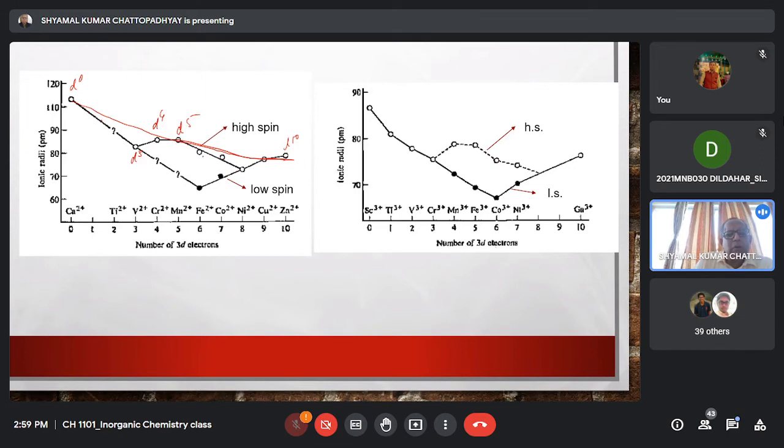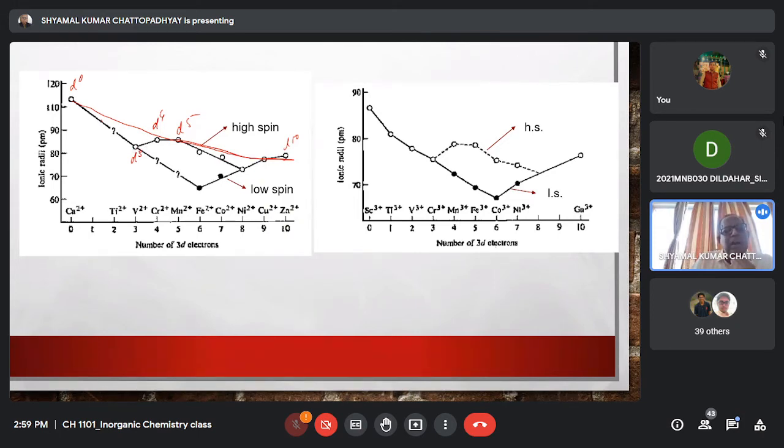Then when you go to d6, the metal-ligand bond distance decreases because the CFSE increases. D6, d7, d8, where you have the highest CFSE. And then if you go to d9, d10, CFSE decreases, and as a result the metal-ligand bond distance increases and the radius increases.